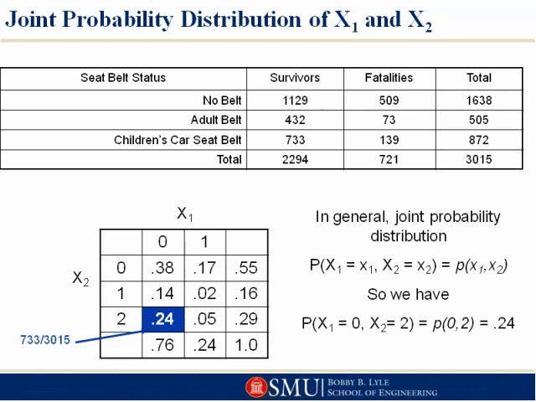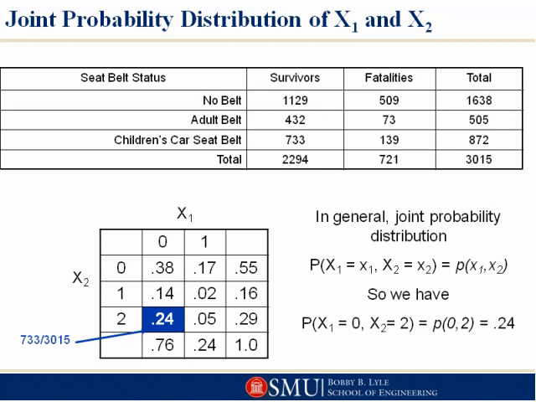As you see in the blue, 0.24: from the top table, you see 733 children who had survived and were wearing a children's car seat belt. That translates to a probability that the random variable X1 will be 0 and the random variable X2 will have a value of 2.